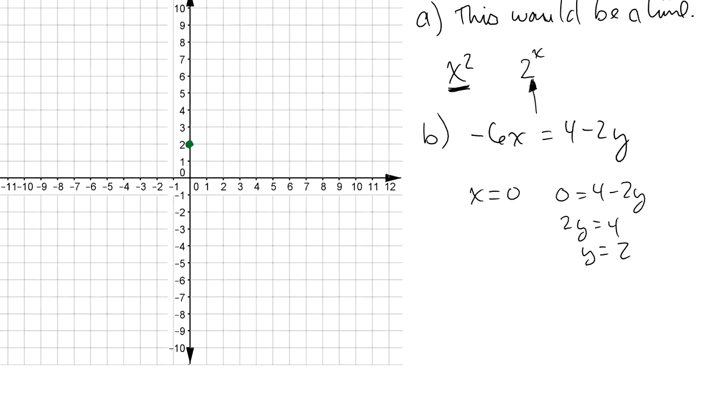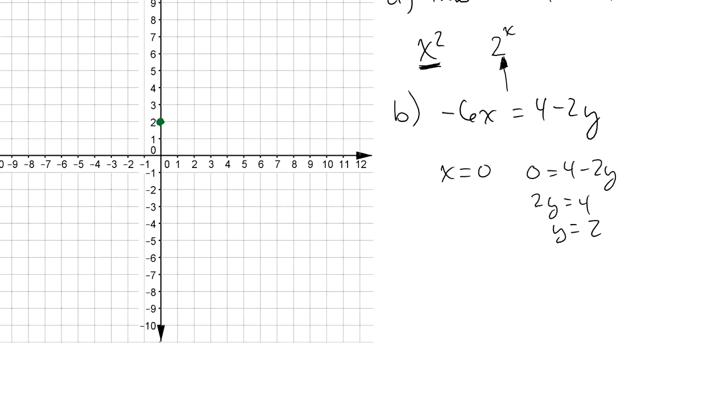Oh, that's fun. Let's do that again. This time I'm gonna pick negative 2 for x. So if x is the number negative 2, I'm plugging negative 2 in the equation. When I plug that in, it becomes a positive 12 on the left-hand side. Again, I'm just looking at this equation each time, right? So that's negative 6 times negative 2 is 12, and that equals 4 minus 2y.